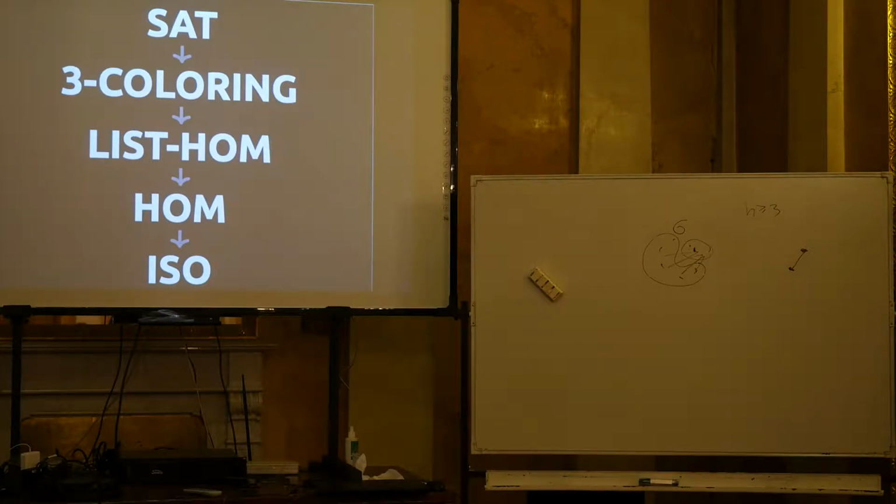Each reduction uses different techniques. Here, this is basically a sparsification lemma kind of thing. This is a gadget-based reduction. This is a cute combinatorial argument, and this one is just a bunch of very simple calculations. We'll see some of these reductions in the remaining 20 minutes.